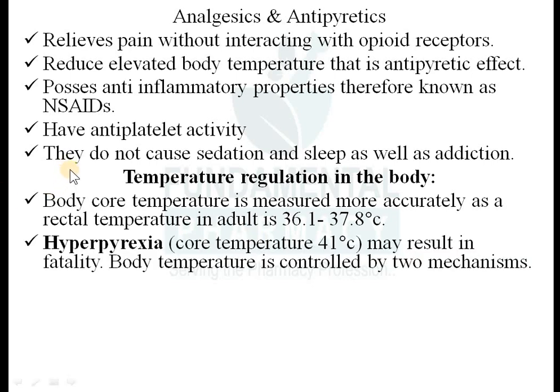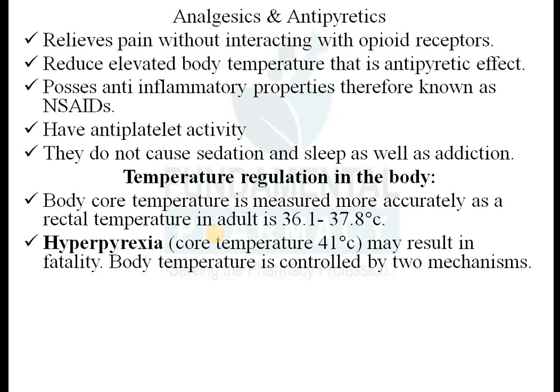Then what is meant by hyperpyrexia? An increase in body temperature more than normal is known as pyrexia. And what is hyperpyrexia? If your core temperature is more than 41 degrees Celsius, then this is known as hyperpyrexia. Hyperpyrexia results in complications.